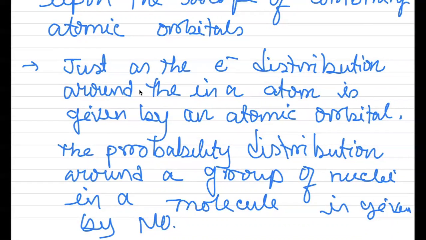Around the nucleus in an atom, the probability of finding the electron is high. Just like in a molecule, the probability of finding electrons will be high around the given nuclei. Clear? Understood?